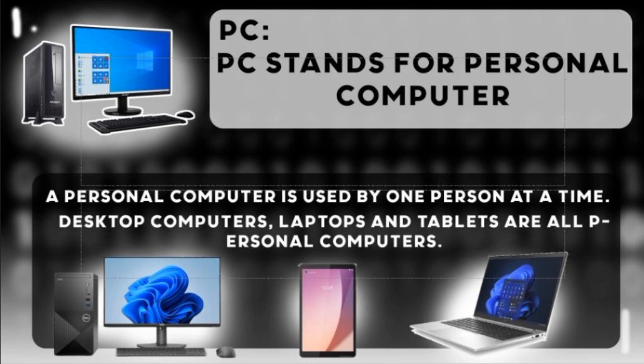Now, for example, some of you might have tablets at your home. Your younger siblings probably use a tablet to watch cartoons or play games, or you probably play games on it as well. Many of these tablets are used among children because it's very convenient for them, and they use it to play games and watch cartoons or poems. Now the 3 types we discussed are desktop computers, laptops, and tablets.